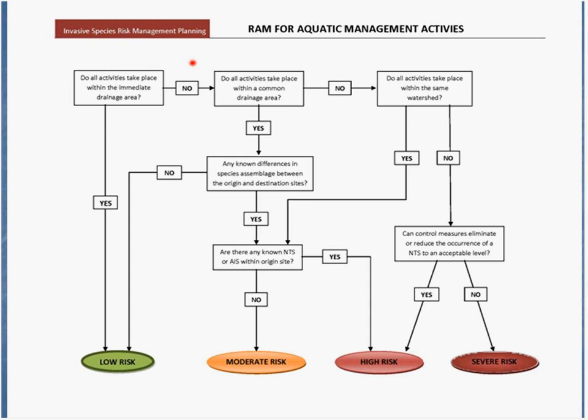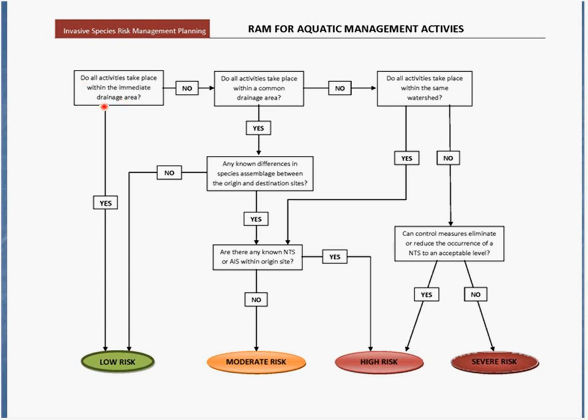So, immediate drainage, is there a river near you in Stanislaus that you work with in general? Well, there's the Stanislaus, San Joaquin, and Tuolumne rivers. Okay, so the immediate drainage area would be like right below the last dam on the Stanislaus River. Do all activities take place within the immediate drainage area?